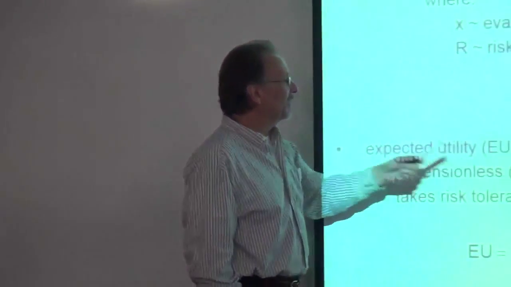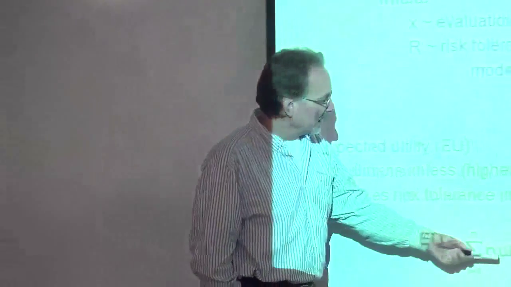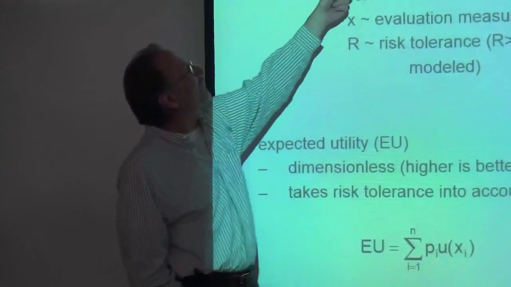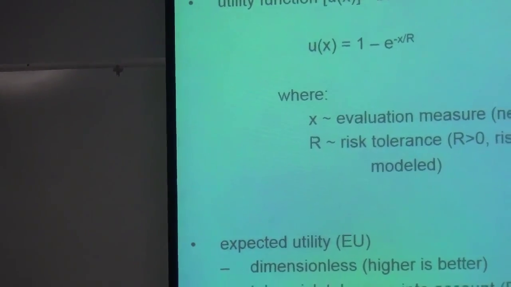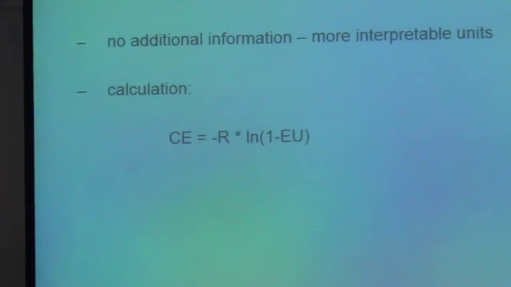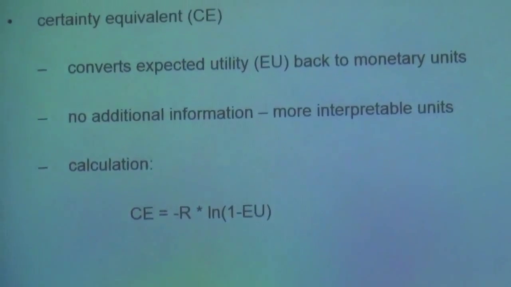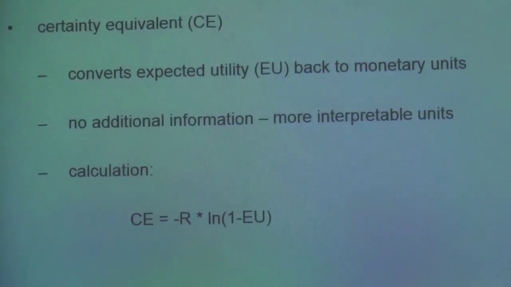And then you can use that outcome to calculate an expected utility at each node. The expected utility is the probability of the node times the utility function. There is something else that's very difficult to interpret.